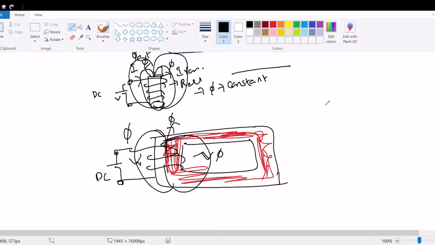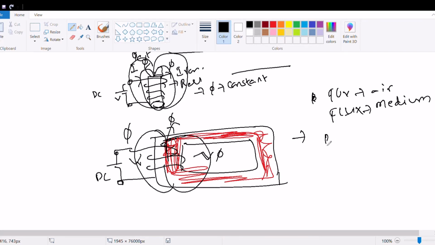Flux can pass through air, and flux can pass through a medium. There is a term called reluctance. Reluctance is the resistance, or an obstacle, to the flow of flux.